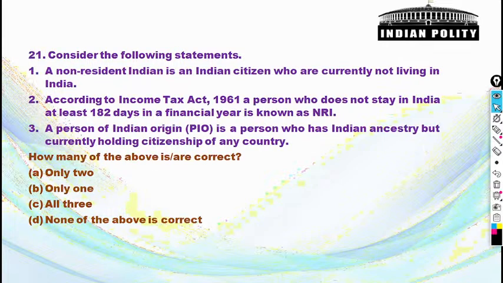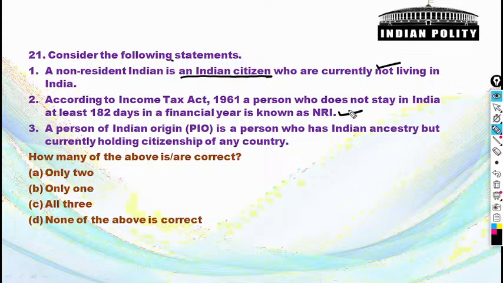21. Consider the following statement. A non-resident Indian is an Indian citizen who is currently not living in India. Do you agree? Not currently living, is a citizen of India. Non-residents are Indian citizens, but they are not currently living in India. According to the Income Tax Act 1961, a person who does not stay in India for at least 182 days in a financial year is known as an NRI.